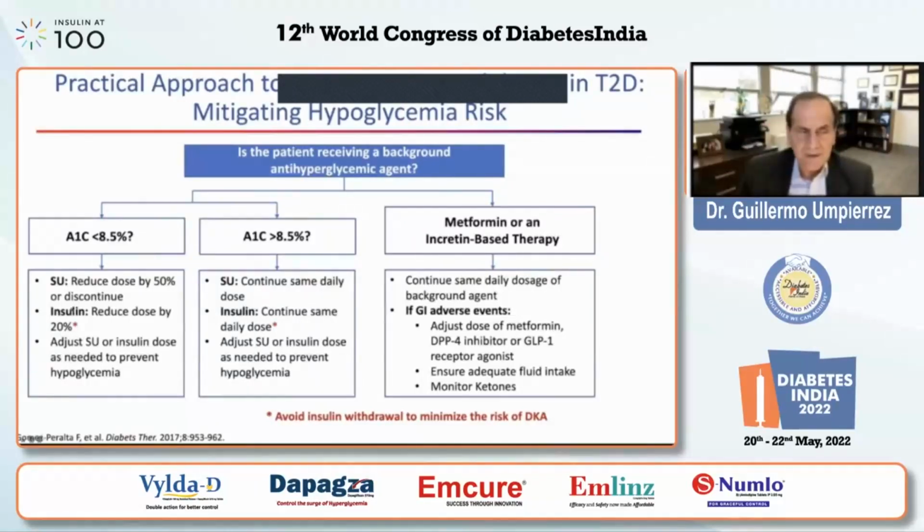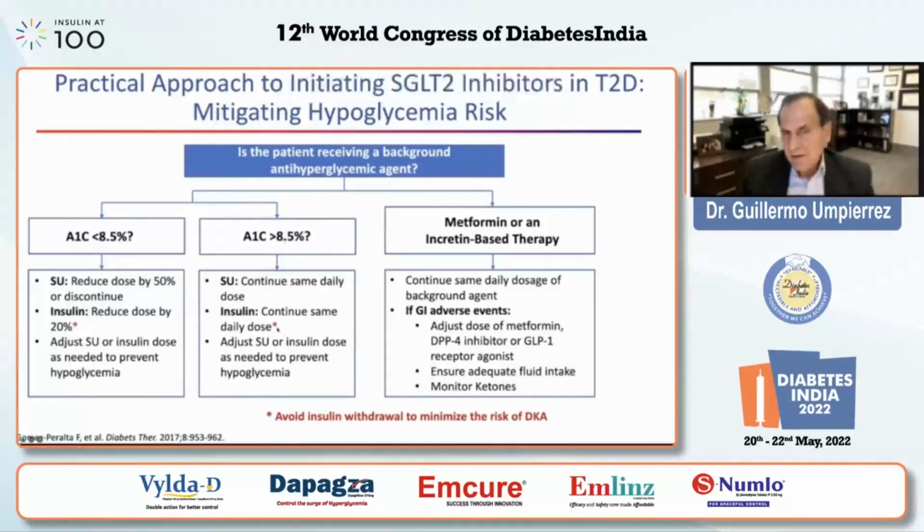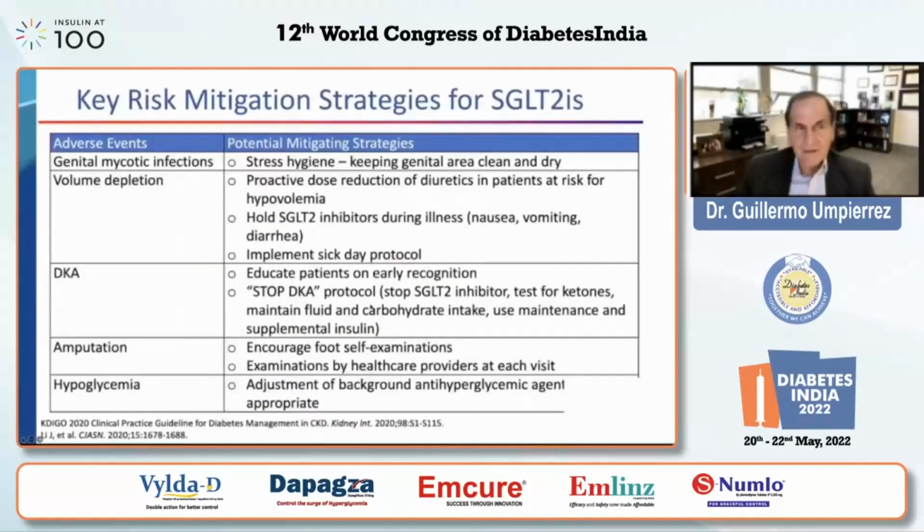The same thing with the insulin dose. So you add an SGLT2 for cardiorenal protection, you reduce the dose. If you're more than 8.5, just continue this agent. And if you use metformin, go ahead. You have to be aware that GLP-1 and metformin both have gastrointestinal adverse events, so you have to monitor these patients in that way.